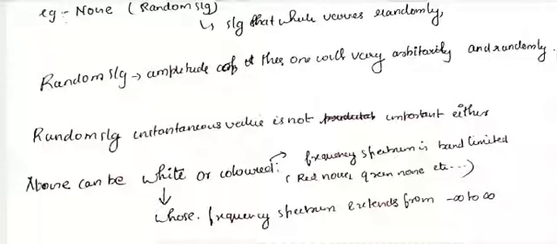Another thing to be noted about noise is that it can be white noise or colored noise. White noise is one whose frequency spectrum extends from minus infinity to plus infinity, while other noises have a band-limited frequency spectrum.